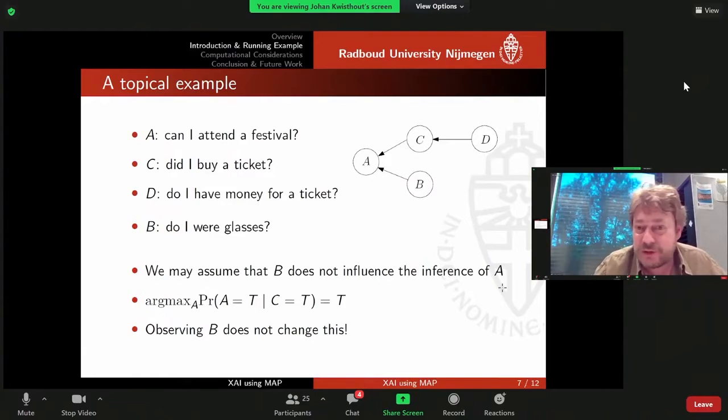And so the observation of B would not change the interpretation of the best explanation. So here you could argue, zooming into the contribution of B to the best explanation, that B is irrelevant in determining this explanation. So this is an example that motivates why you would want to look into these intermediate variables that you marginalize out to see whether they have a contribution to the explanation or not.